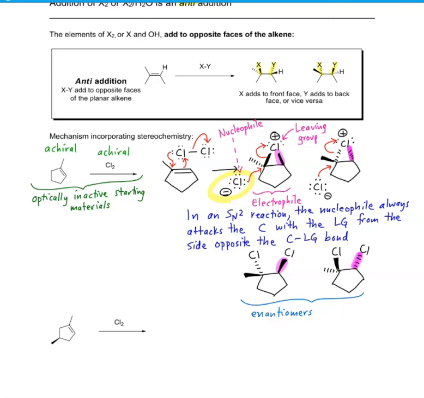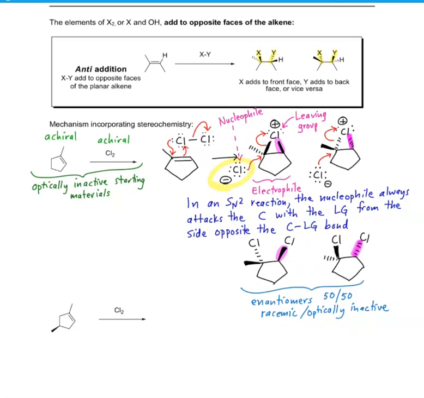That's redundant. Okay, never mind that. There's no preference for one face to get attacked over the other, which means that we're forming the enantiomers as a racemic mixture. And so once again, we notice that if we start with optically inactive starting materials, the result is optically inactive product.